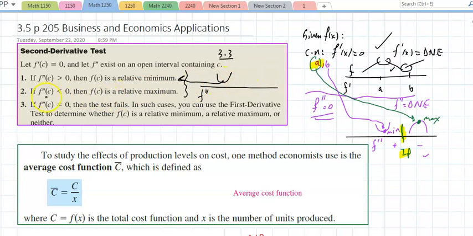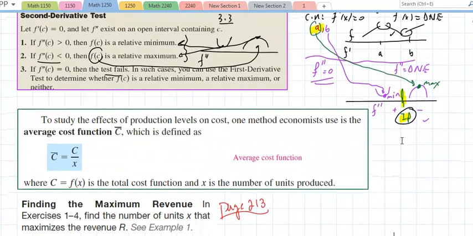And if you have a second derivative that is negative, that means the graph is concaving down. And that value, if it happened to be in there, that is a maximum. And they say the test failed if it happened to be at the inflection point, which is an exception.